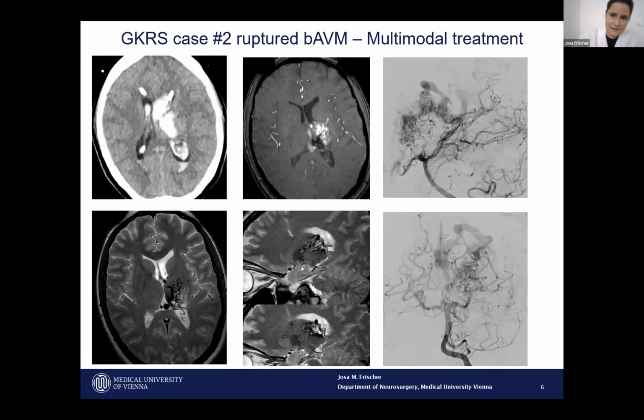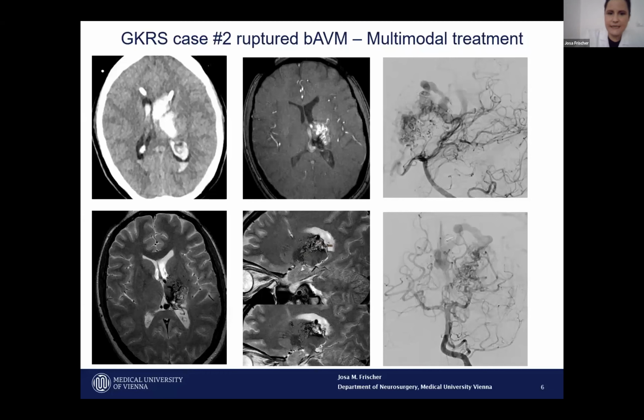That's now another case that might be up for discussion. It's a ruptured AVM, a hypothalamic thalamic AVM. The young female patient, 28 years old, presented with loss of consciousness, was sent to the emergency department, and then directly to our neurosurgical ICU, got some EVDs in, then got more or less emergency embolization.